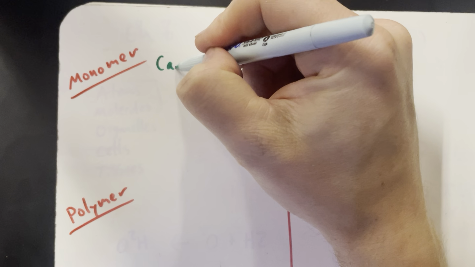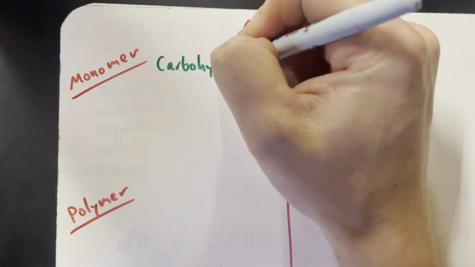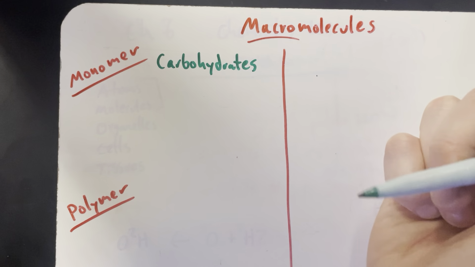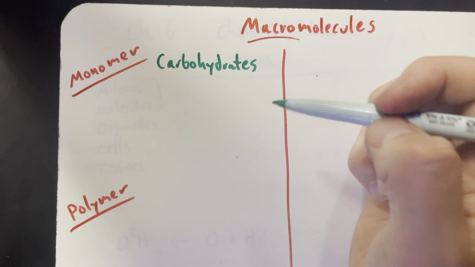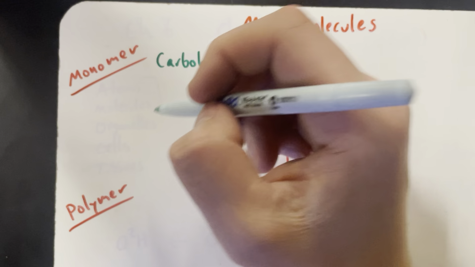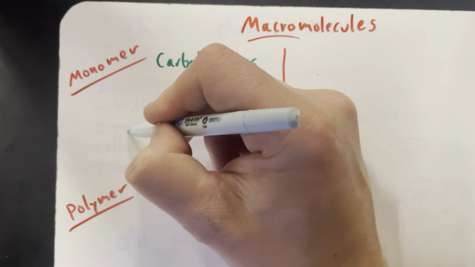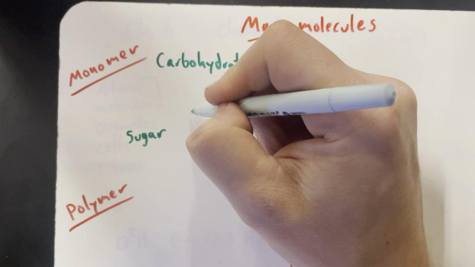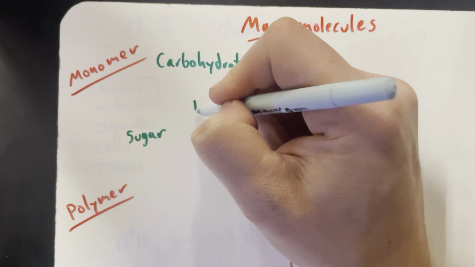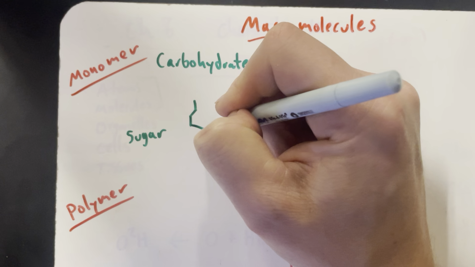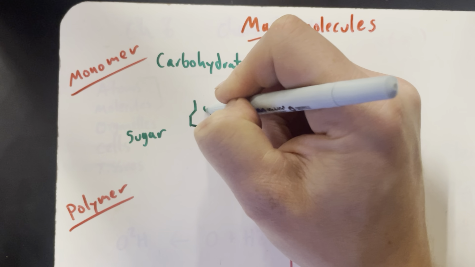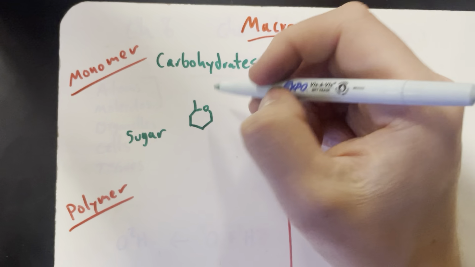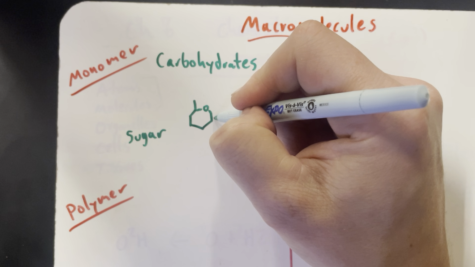And we'll start with carbohydrates. Carbohydrates is our class. A classic monomer of carbohydrates would be sugar. And we can go ahead and draw sugar. Sugar is a little chain of carbons. Oxygen. It's something like this. There's actually more oxygens too.